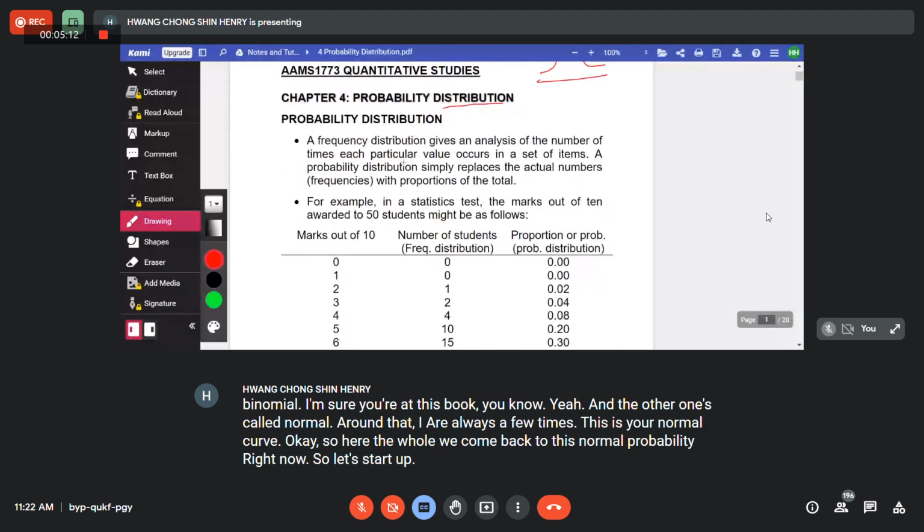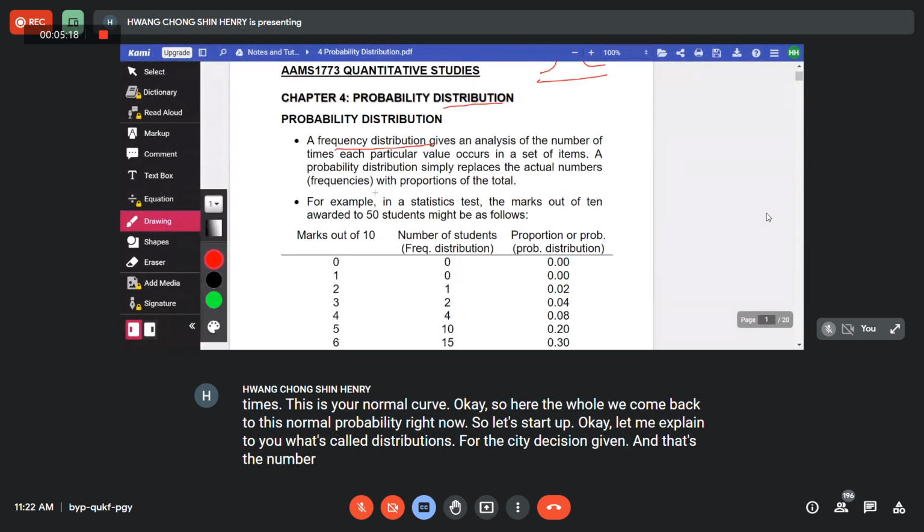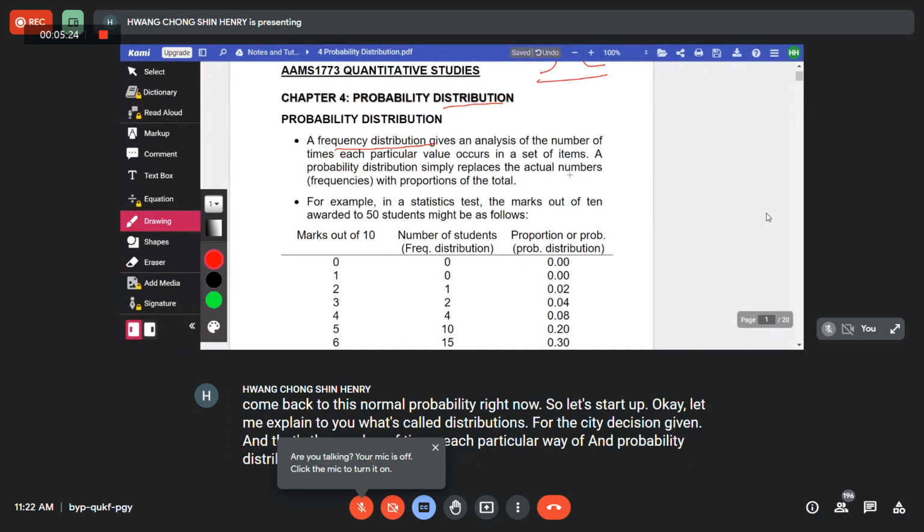Let me explain to you what's called distributions. Frequency distribution gives an analysis of the number of times each particular value occurs in a set of items. Probability distribution simply replaces the actual numbers, which we call frequency, with proportions of the total.